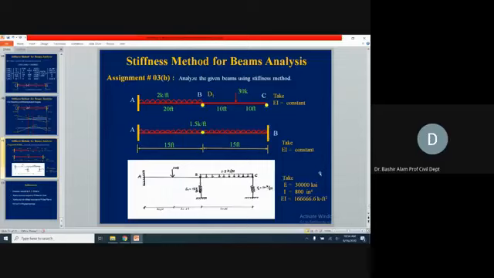So make sure that you go through properly, and remember, your examination will be within the topics whatever we covered till today. It means the beam solution by the stiffness method will be also included.